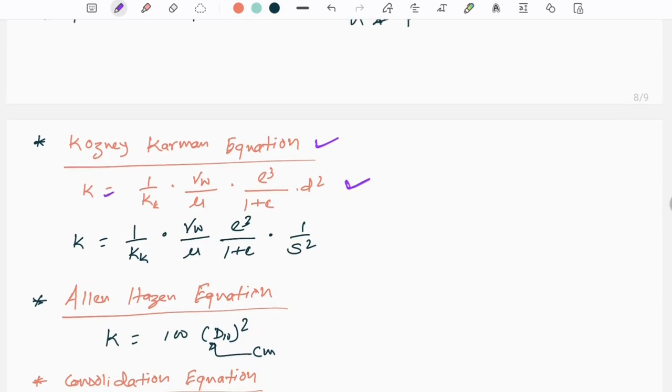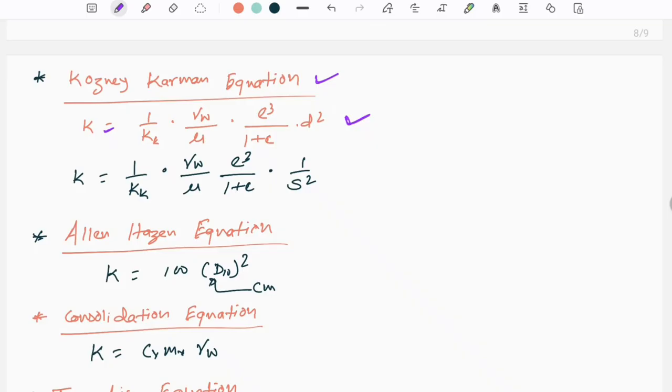So K is directly related to the dia, void ratio and unit weight, and inversely proportional to viscosity. Similarly, the other relation is the same one, the only difference is that here it is related to the shape.